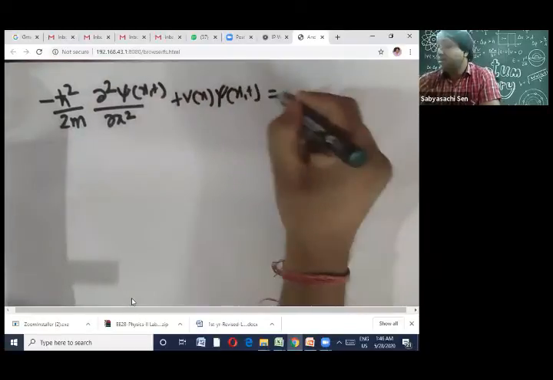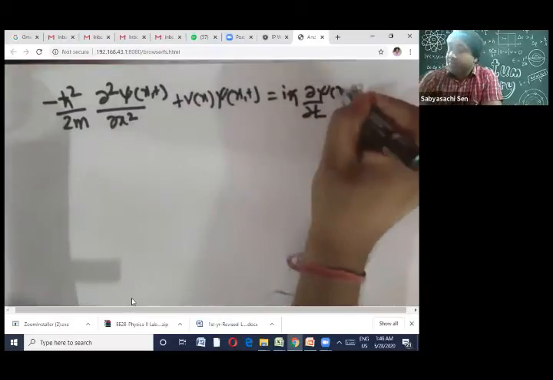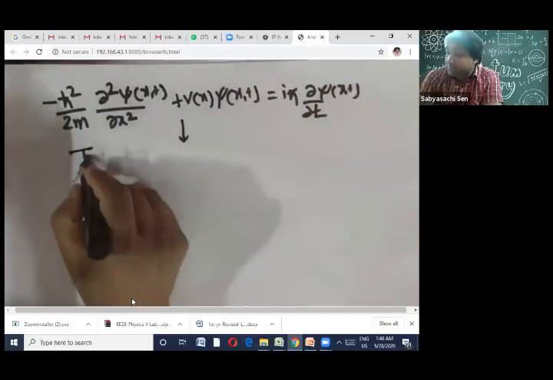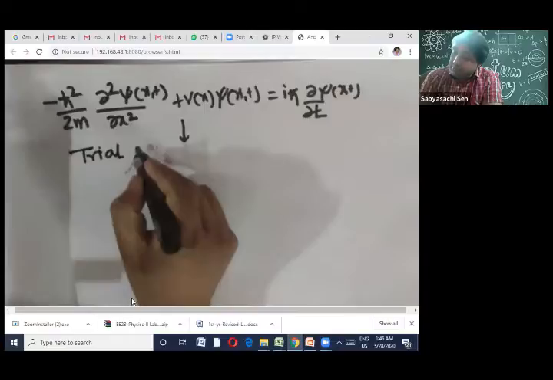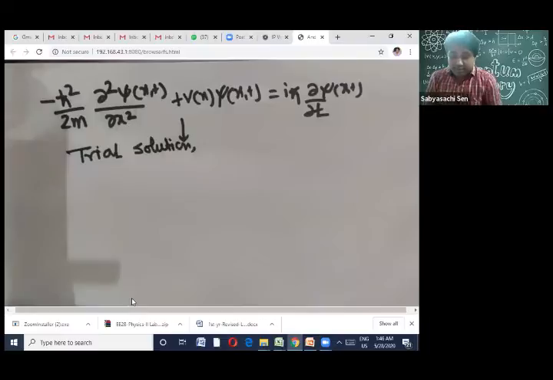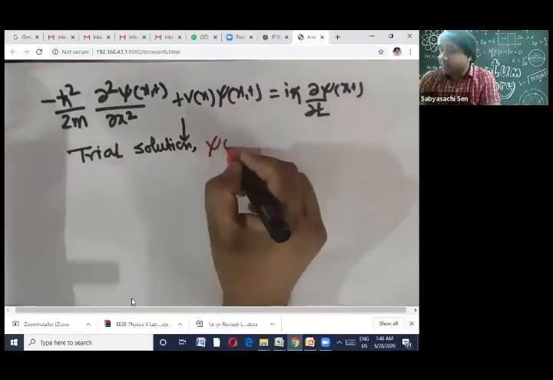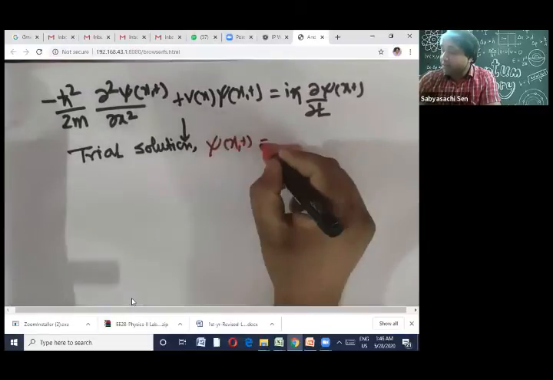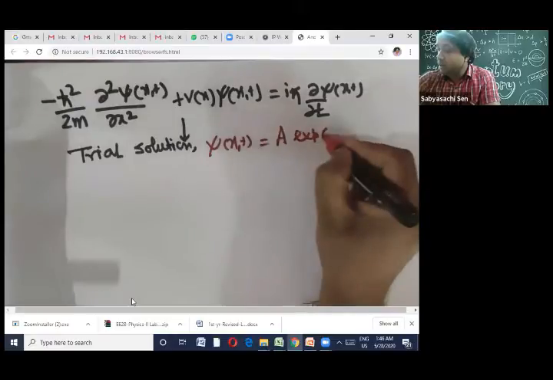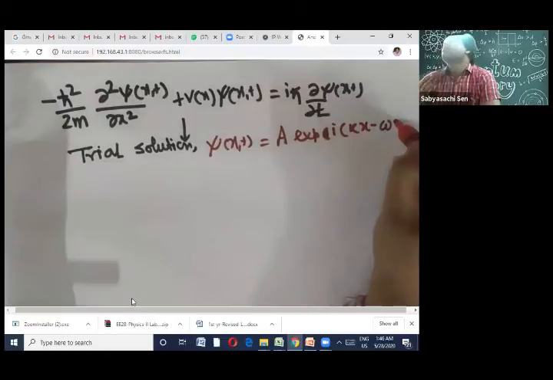I hope you can see it clearly. So this is my trial solution. What is the trial solution? Psi(x,t) is equal to A exponential, or e to the power i(kx minus omega t).